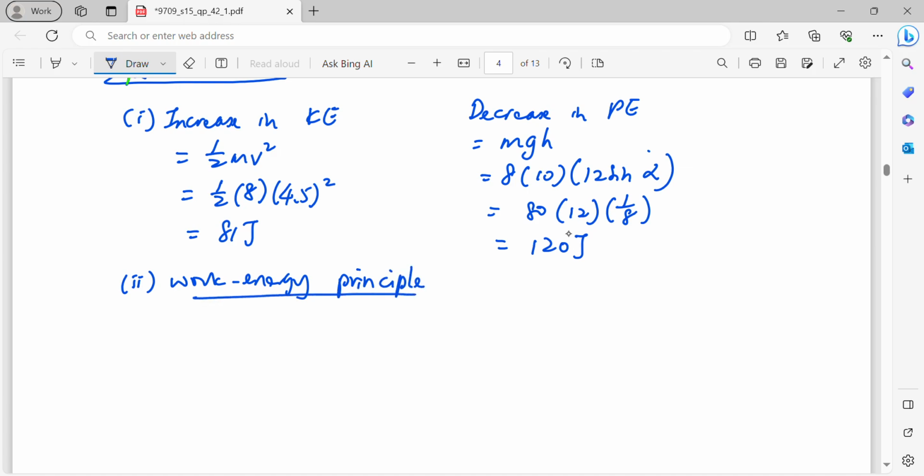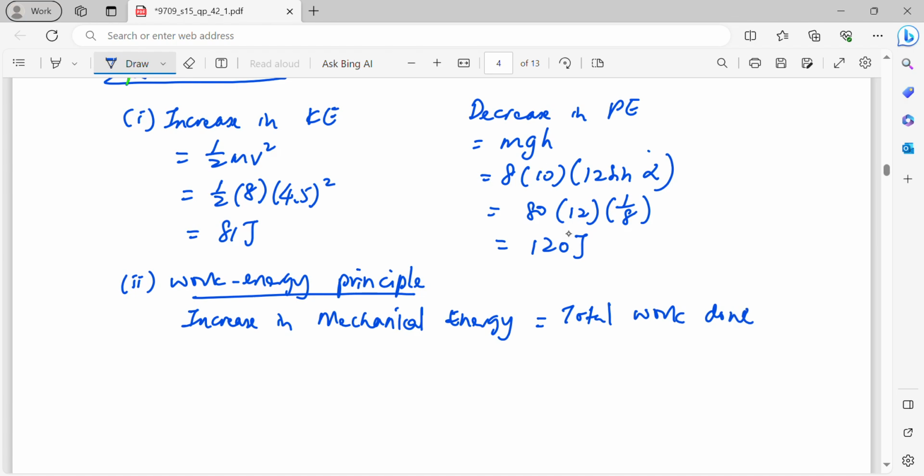According to this work energy principle, increase in mechanical energy equals total work done. This increase in mechanical energy includes increase in kinetic energy plus increase in gravitational potential energy, which is PE.